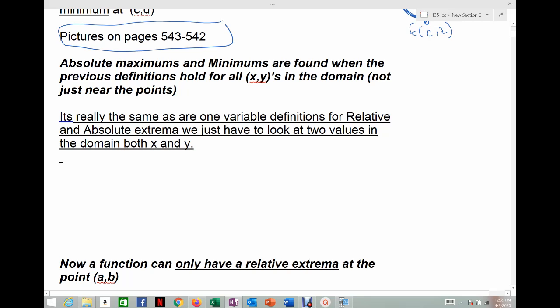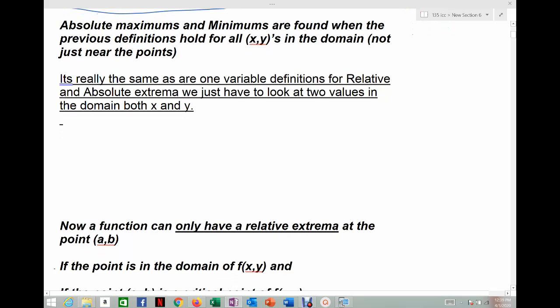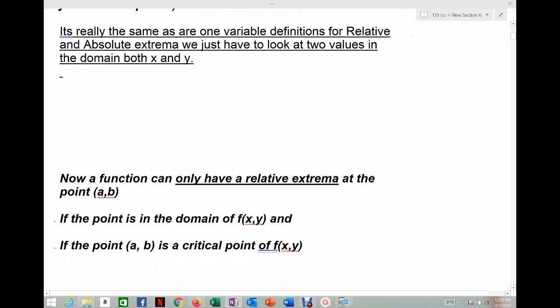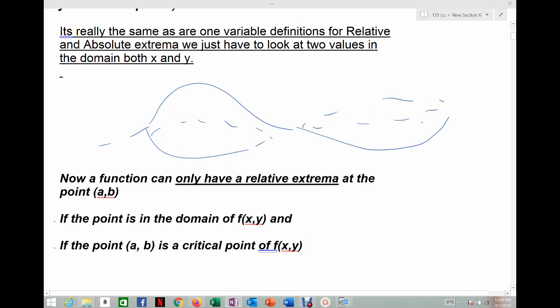Or the smallest peak if we're looking for a minimum. Again, it's the same as one variable functions, it's just now in 3 dimensions instead of 2 dimensions, alright? And again, it would represent a 3-dimensional object, where I've got peaks and valleys.